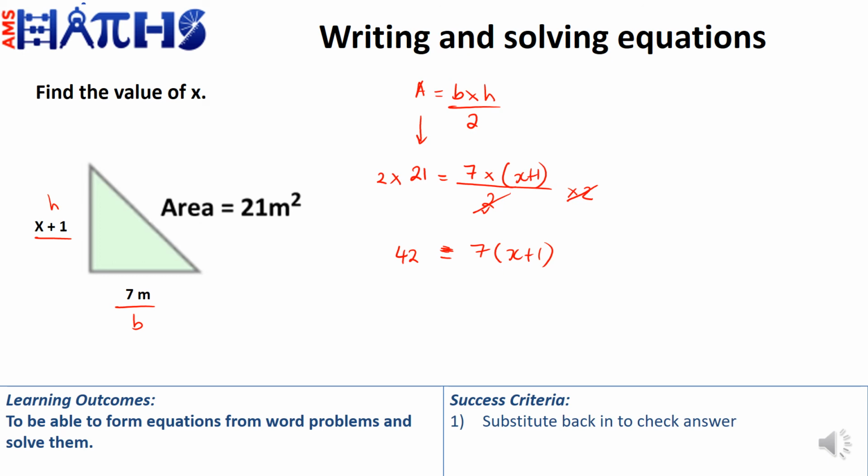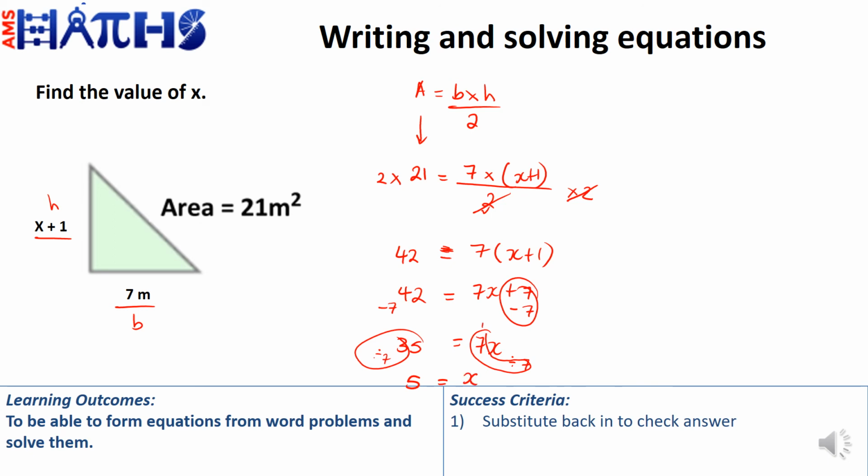Here's our equation that we came up with. So we'll expand the brackets on our right side, so we'll get 7x plus 7, that's equal to 42. Then we can subtract 7 on both sides, so 7 minus 7 is 0, so we're left with 7x, and then 42 minus 7 is 35, and then we can divide both sides by 7. 35 divided by 7 is 5, and 7 divided by 7 is 1, so we're left with 1x.